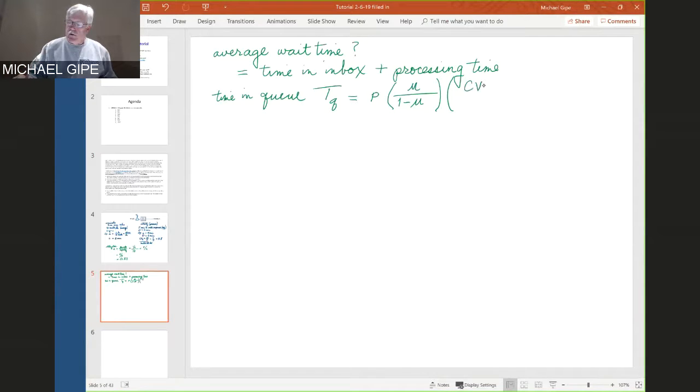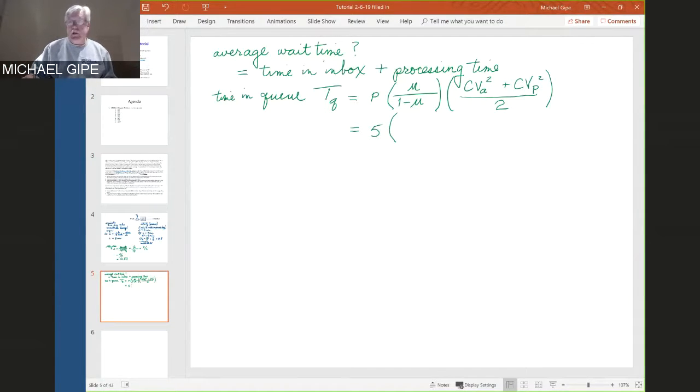So the coefficient of variation for the arrival squared plus the coefficient of variation for the processing squared, all divided by 2. So you recognize this is the mean of the sum of squares of the variations. It might bring up some nightmares from statistics. But anyway, we can go ahead and plug some numbers in there.